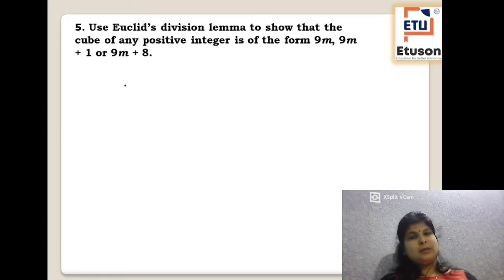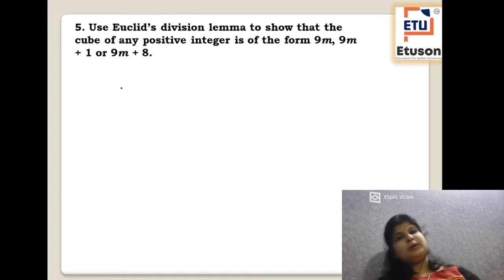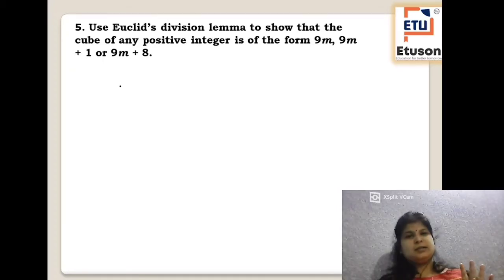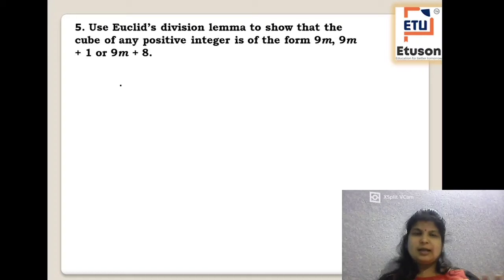It is quite similar to your previous problem. What is the difference? The only difference is there you are squaring the integer. Here you have to find out the cube of the integer. This is the only difference. Otherwise the procedure remains unchanged. Correct. So let us go for this problem.